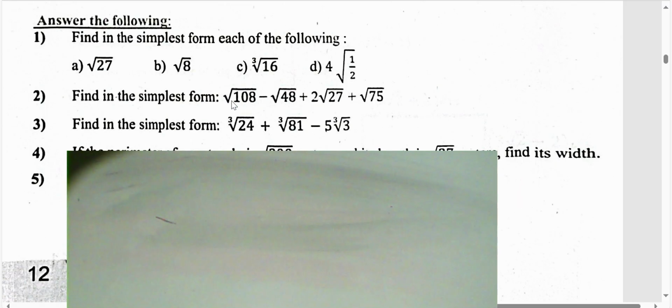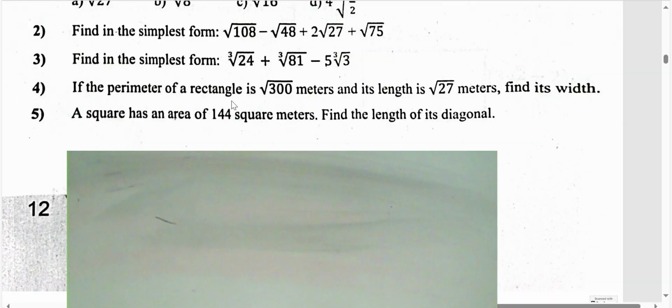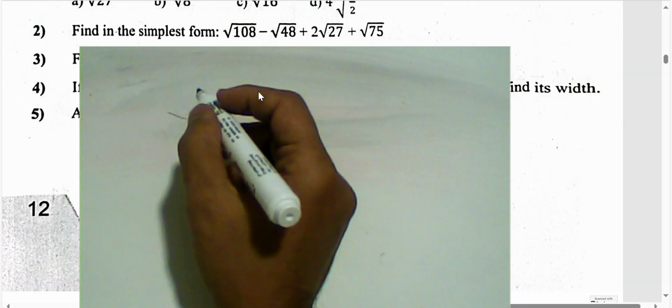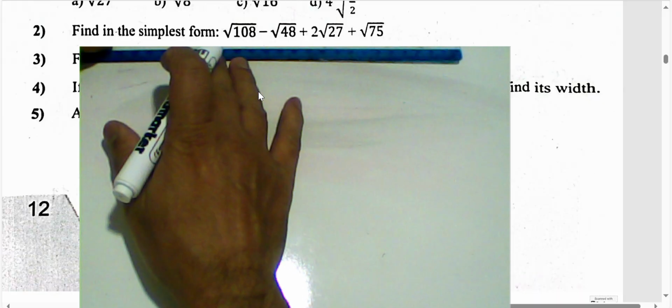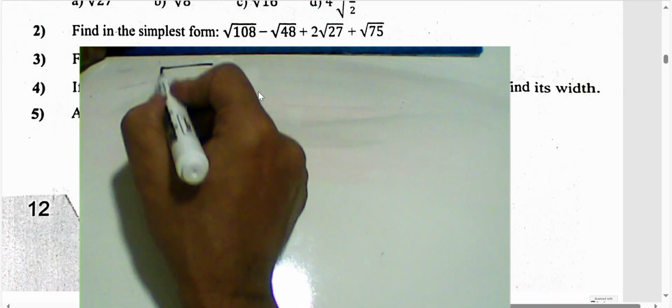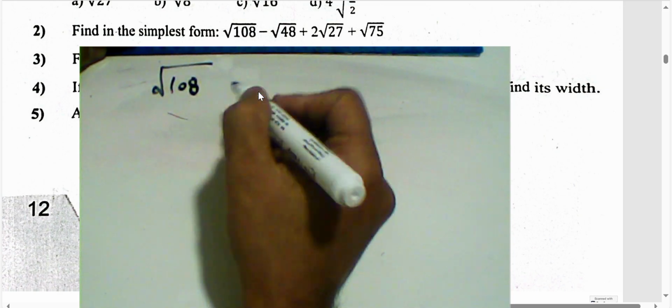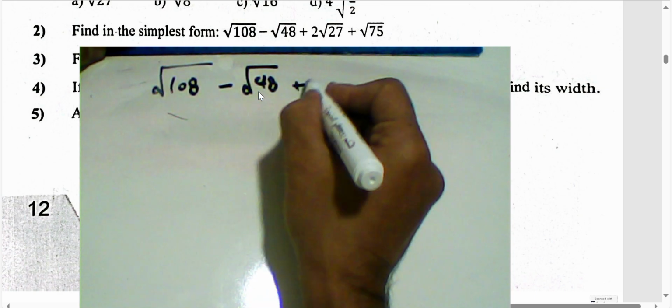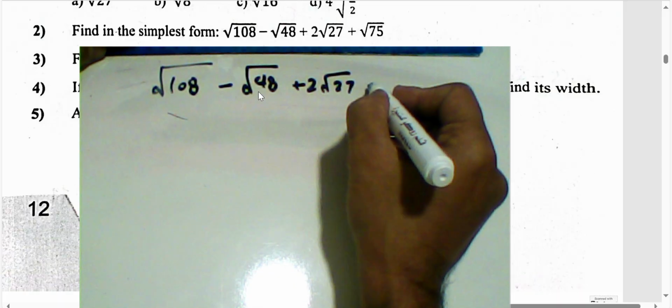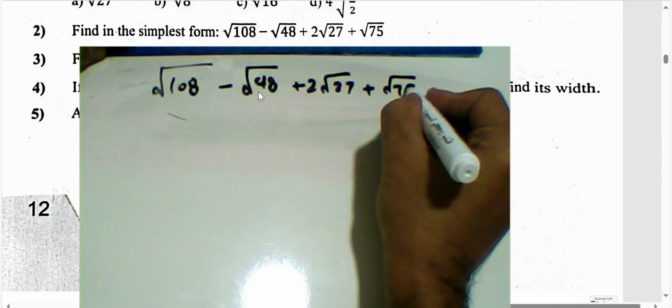Number 2. Find the simplest form of this expression: square root of 108 minus square root of 48 plus 2 square root of 27 plus square root of 75.